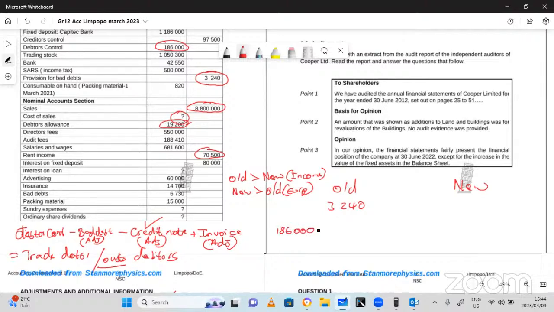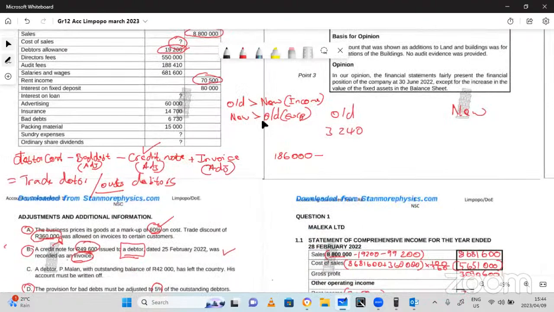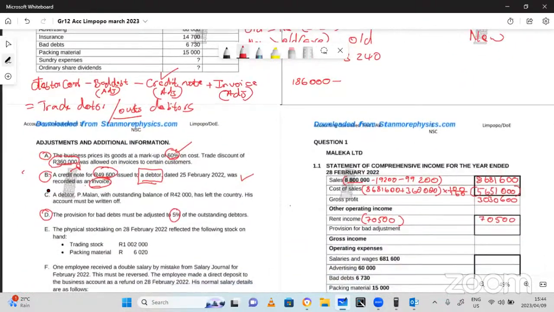We then subtract the new bad debt, so check if there's any bad debt. If you go to transaction number C, you will see that a debtor, P Marlene, with an outstanding balance, meaning this person was owing us 42,000, has left the country. His account is to be written off.